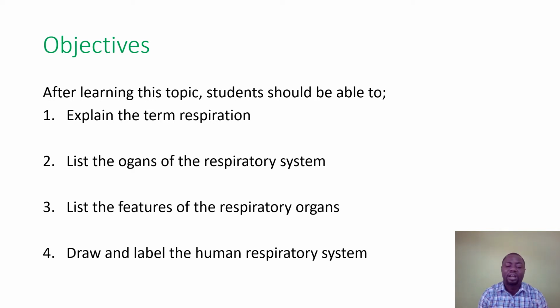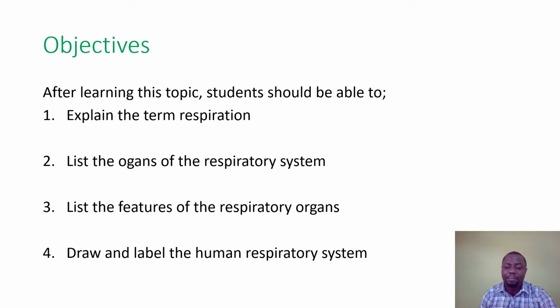I know by now you have studied cells, tissues, organs, and systems. We'll be reminding ourselves of those things shortly. After listing the organs of the respiratory system, you are also supposed to list the features of the respiratory organs.